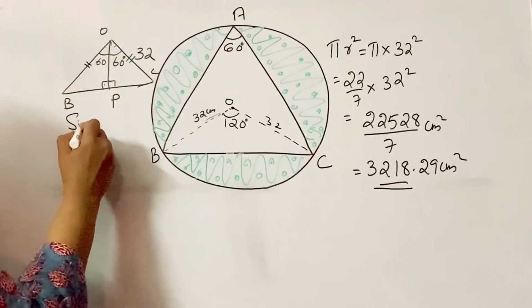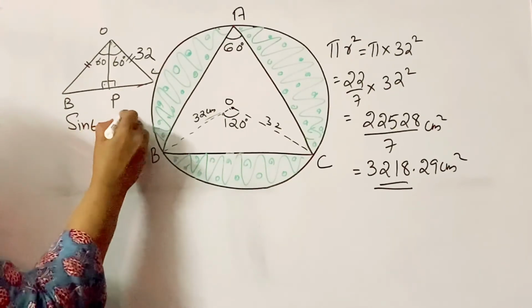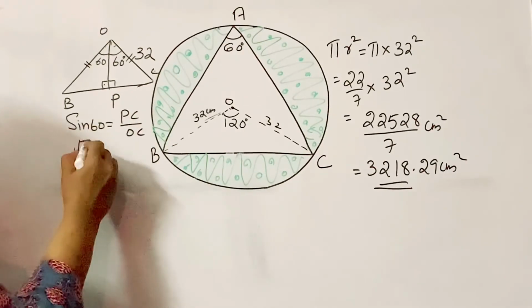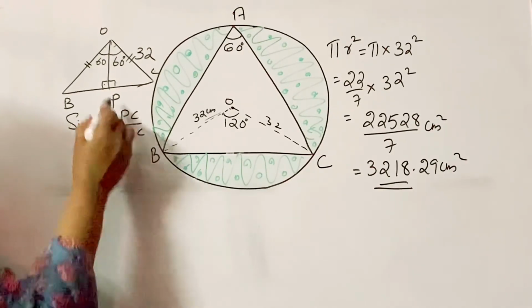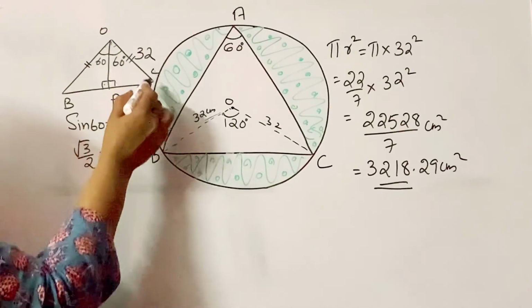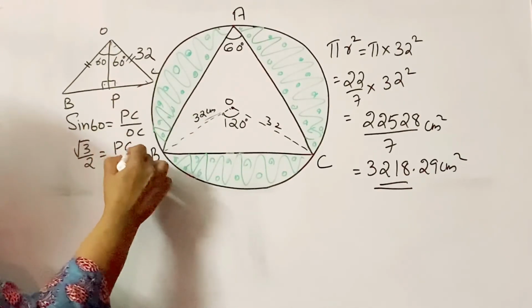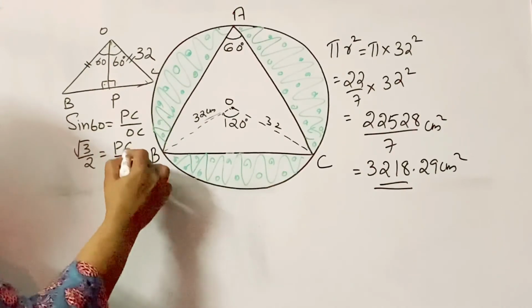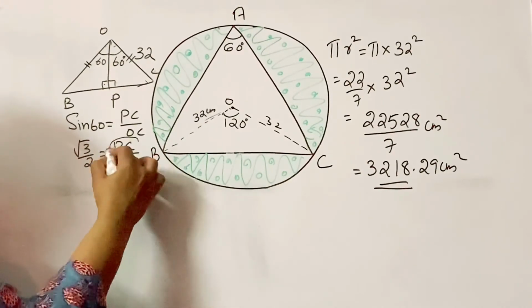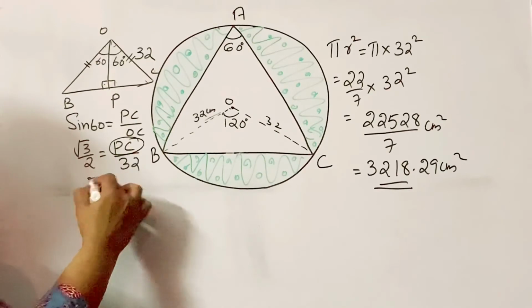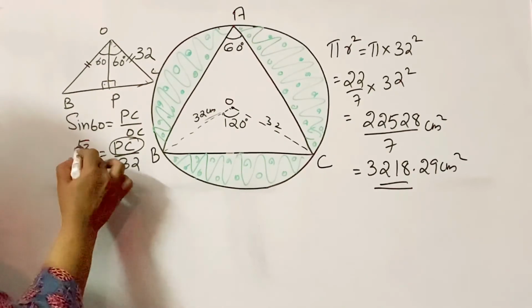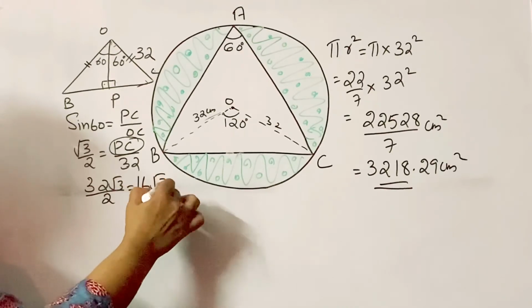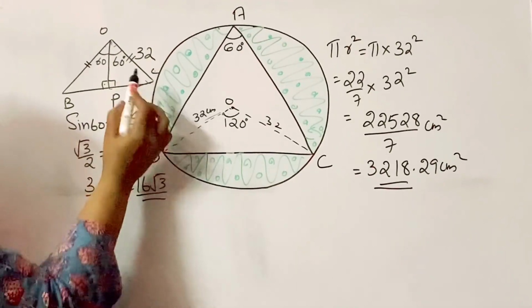Sine 60 is PC by OC. What is the value of sine 60? Root 3 by 2. PC we don't know, and OC is 32. So PC is equal to 32 into root 3 divided by 2, that is 16 root 3. So this length is 16 root 3.